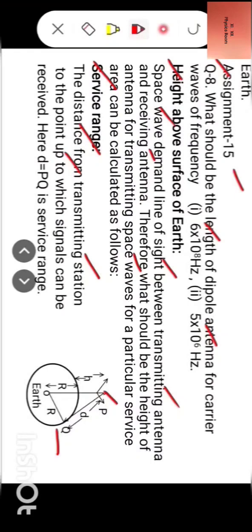Here D is equal to PQ is the service range. If you look into the diagram, D is equal to PQ and is the service range, where at point P we have transmitting station, at point Q we have receiving station. So this distance is service range.